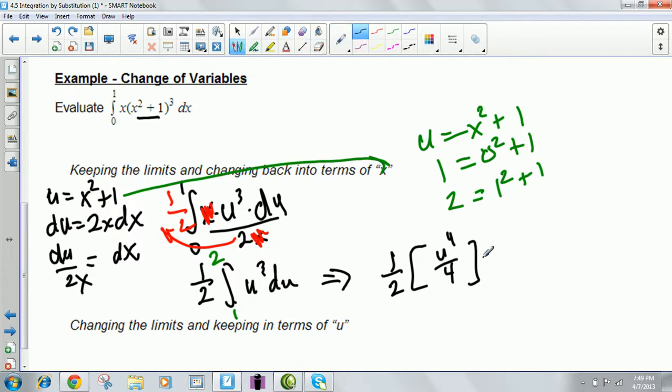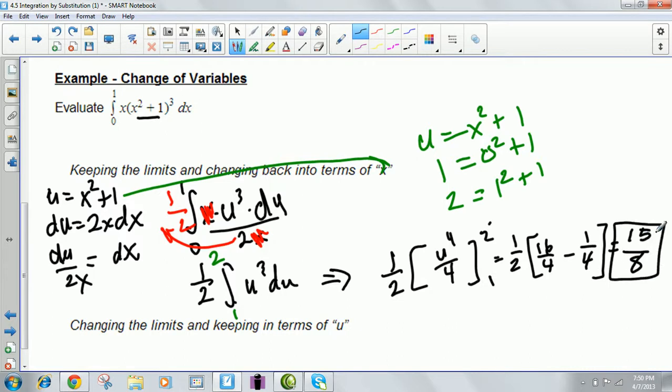So anyway, we don't have the plus c since it's a definite integral, so we use our limits. It's going to be upper limit minus lower limit, so 1/2 times the quantity. When you plug 2 to the fourth in there, you have 16 over 4, minus your lower limit. When you plug 1 in there, that's 1 to the fourth, which is 1 over 4. When you simplify that, that gives you 15 fourths times 1/2, which gives you 15 eighths. And that's your final answer.